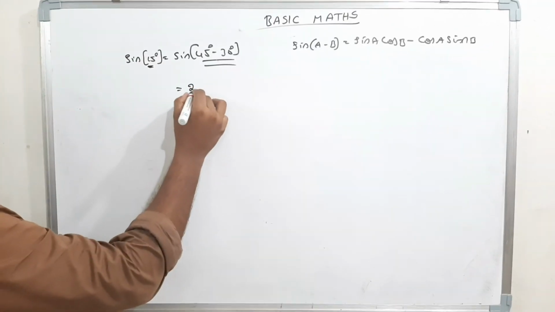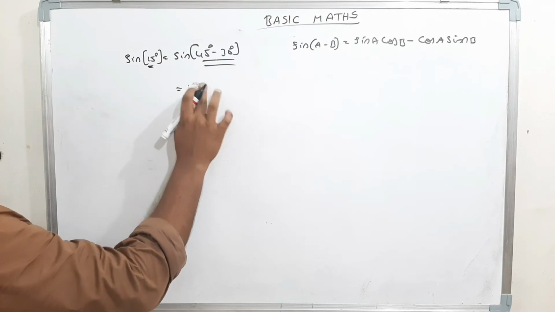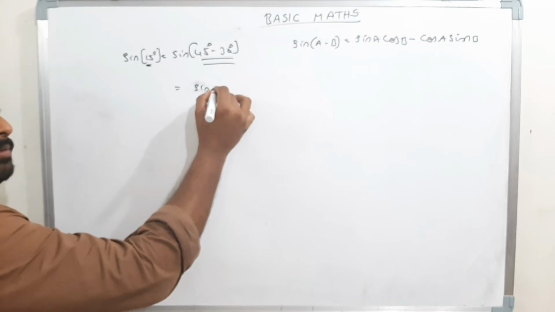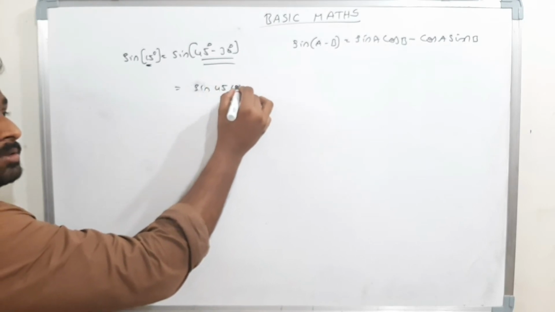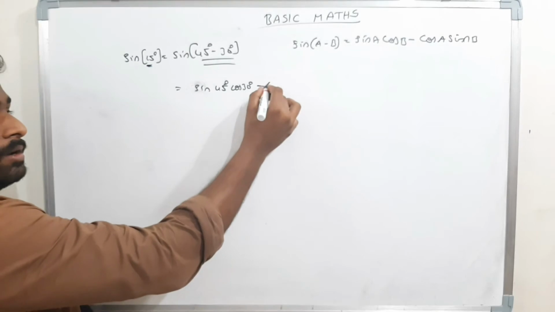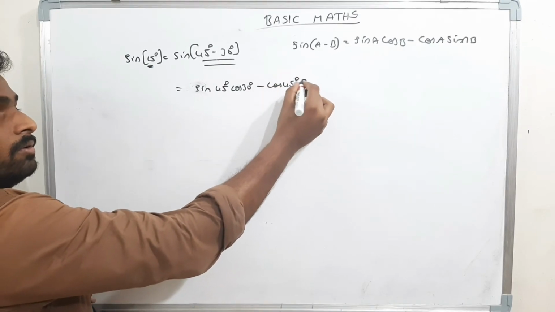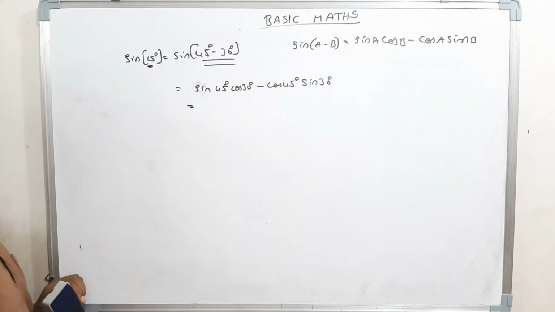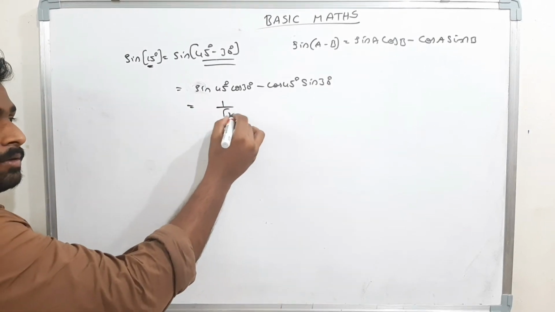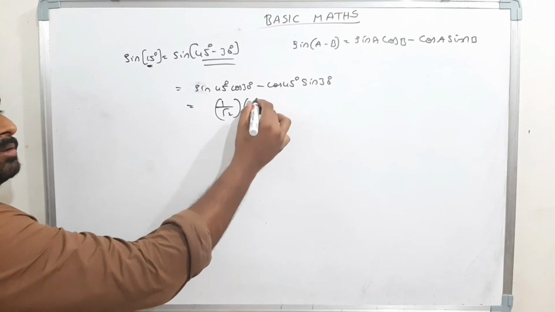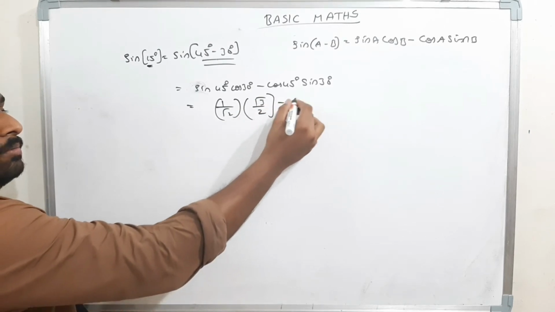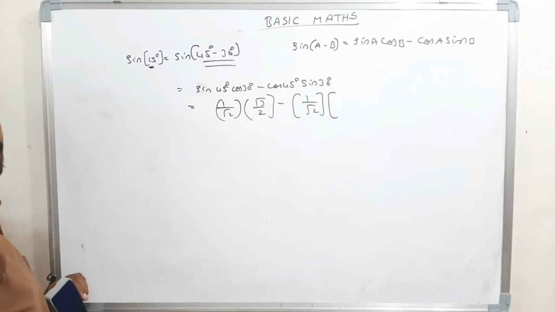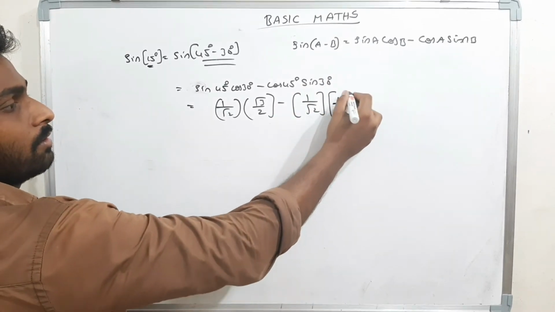What you will get? Sin 45 cos 30 degrees minus cos 45 sin 30 degrees. Now what is the value? Sin 45 means how much? 1 by root 2, and cos 30 means root 3 by 2, minus cos 45 means 1 by root 2, and sin 30 means 1 by 2.